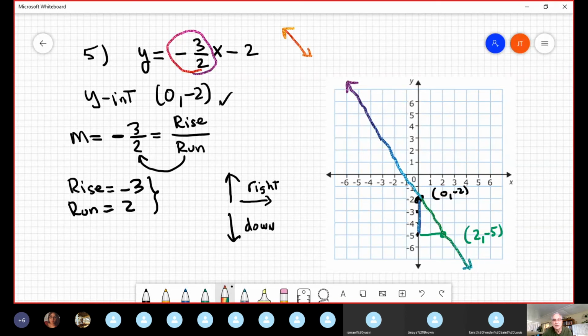It's going down from left to right, because x is always read from left to right. If the slope is positive, it's going up. If the slope is 0, it's totally flat, a horizontal line. And if the slope is undefined, it's a vertical line.